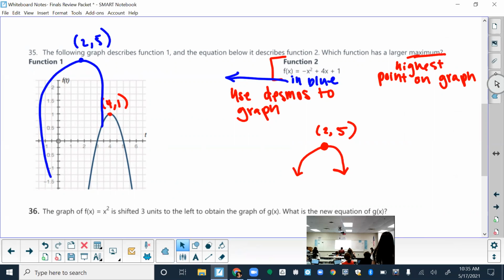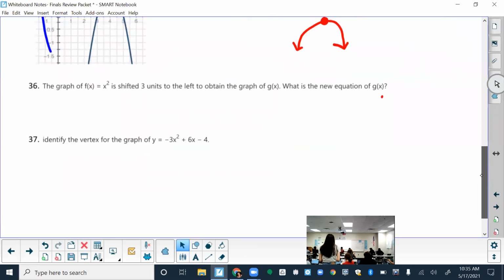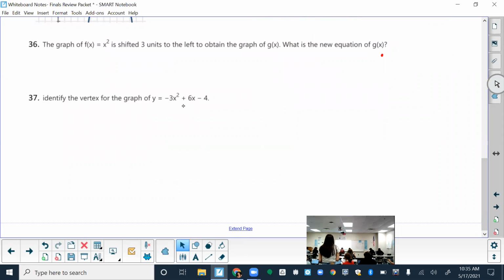They forgot about how to factor, things like that. So what number from your packet would you like to see? Yep. 37, you said? Okay. So 37 right here. Identify the vertex for the graph.